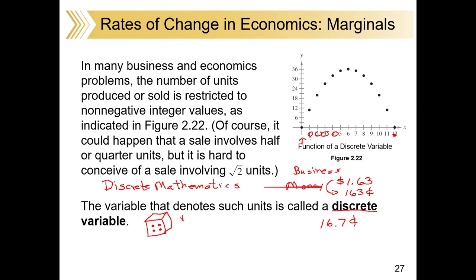Our possibilities are, we could get a 1, 2, 3, 4, 5, or 6. Unless you've got an unusual die, those are the only values you're going to get. You will not get a 1.7.